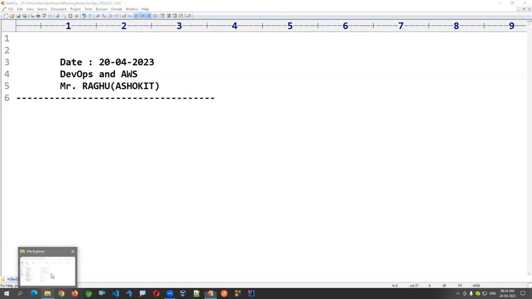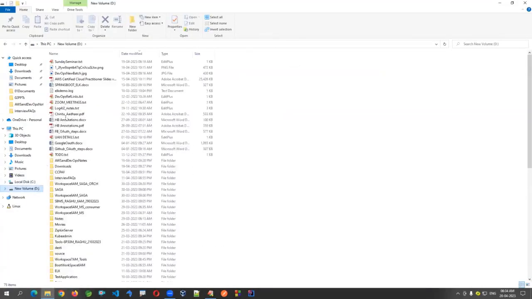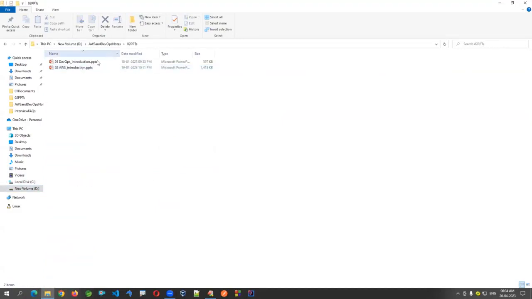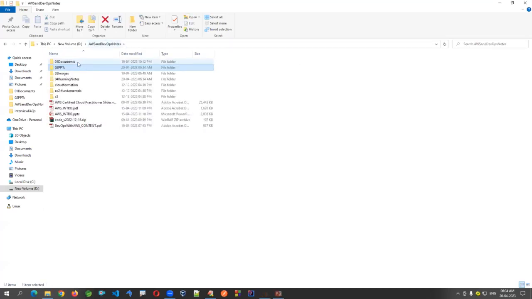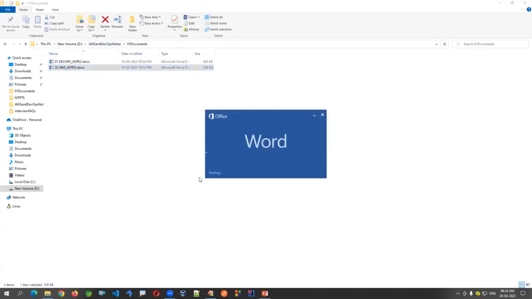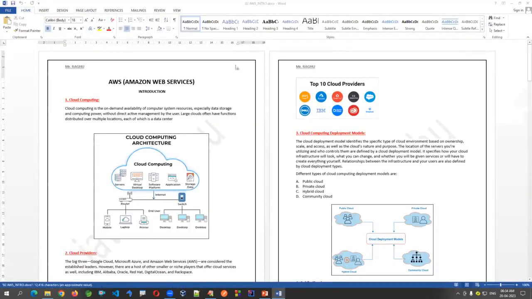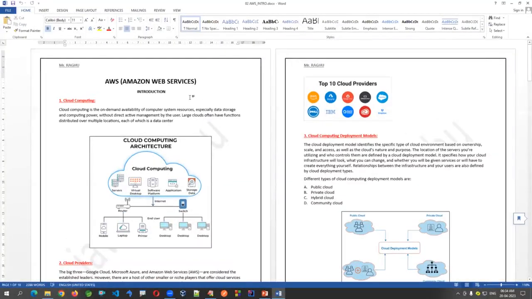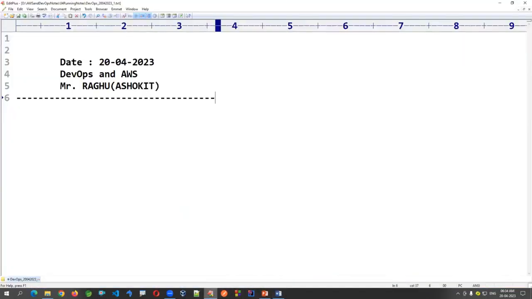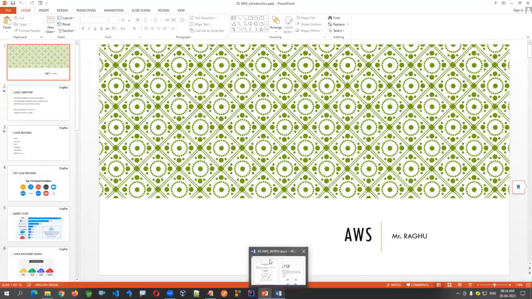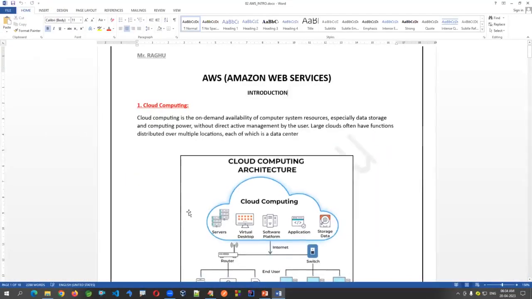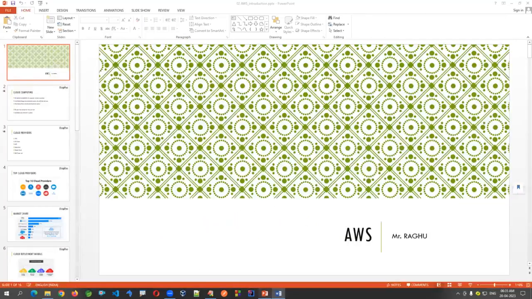So in today's session, we'll discuss AWS overview. In the last session, we have seen DevOps overview. So let's start the session here.